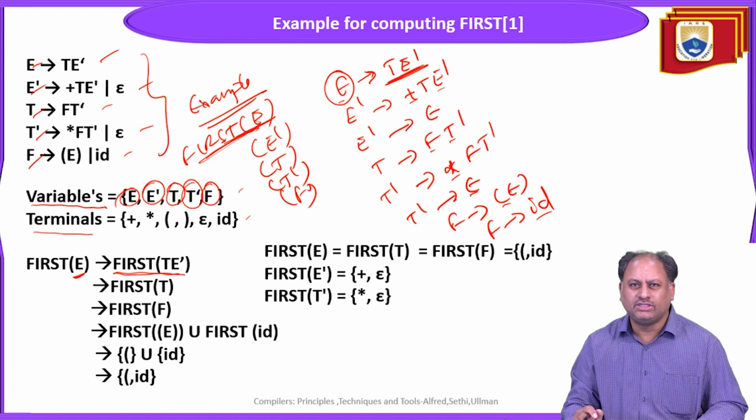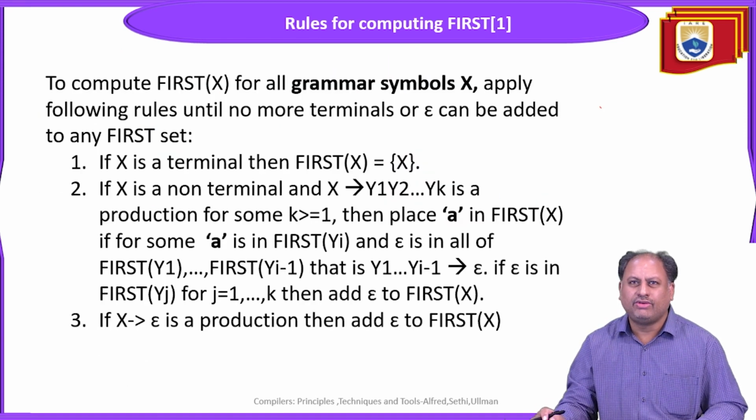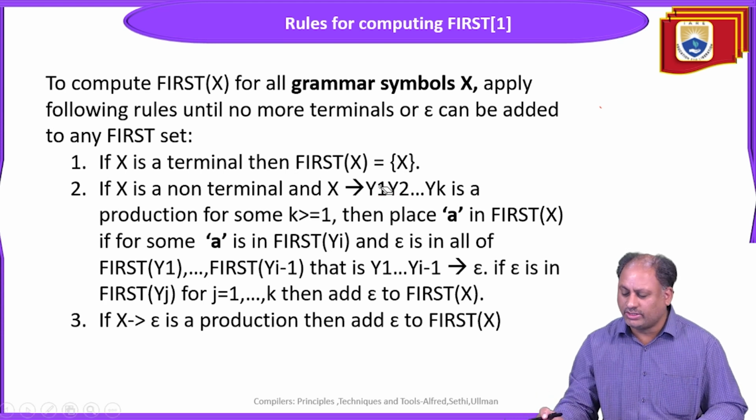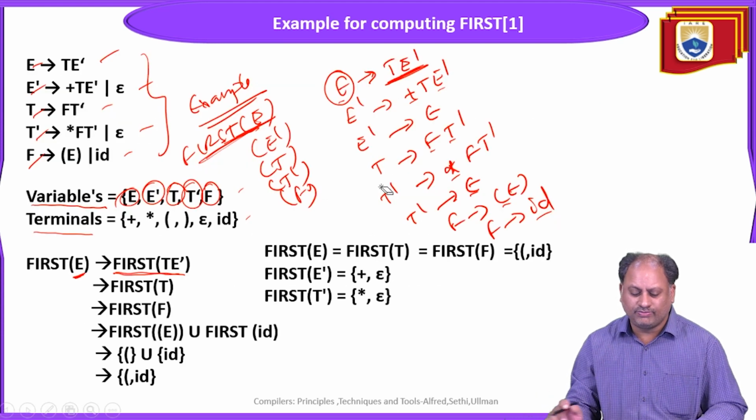Again, according to the first rule, whenever you find a symbol, check whether it is a terminal or non-terminal. Suppose it is a terminal, we are going to append it. In the second case, non-terminal, we have to once again calculate this computation. So what is T dash here?